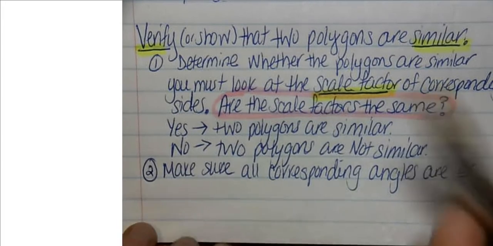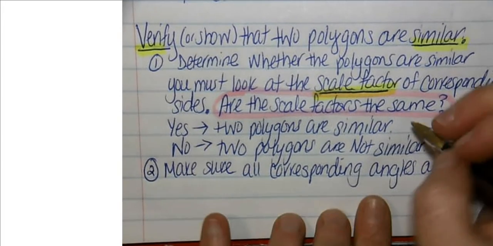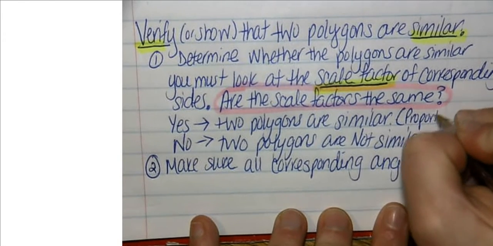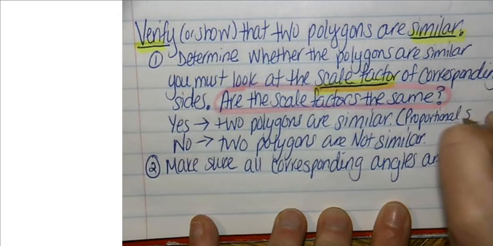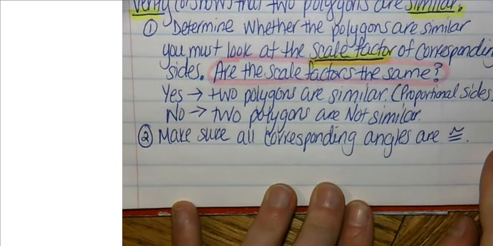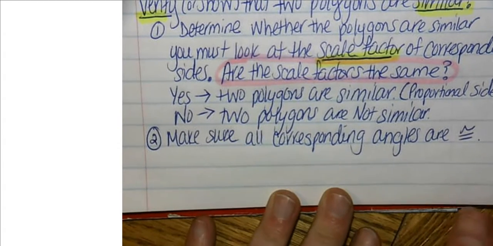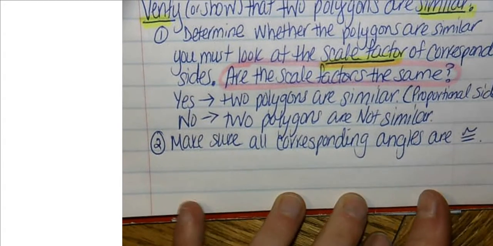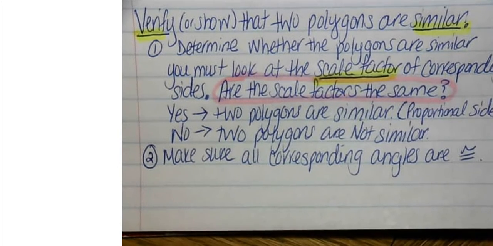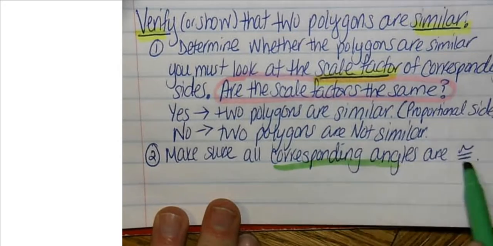The two polygons are similar and we have proportional side lengths. If the answer is no, then the two polygons are not similar at all. The other thing you want to make sure that you look at are the corresponding angles. Make sure that those corresponding angles, the angles that match with one another, are congruent to each other. This is also very important.